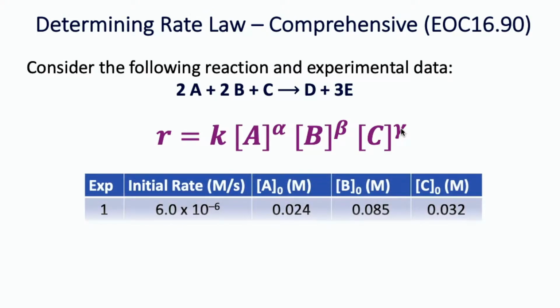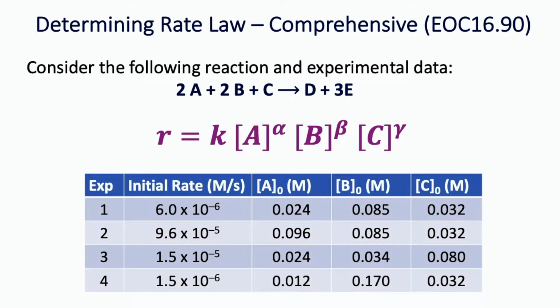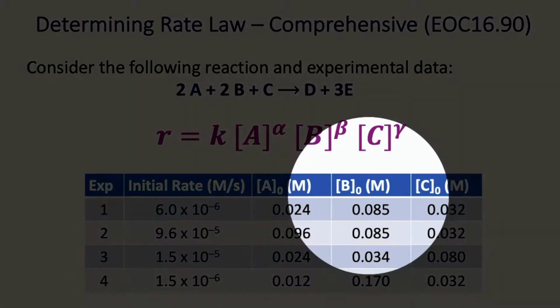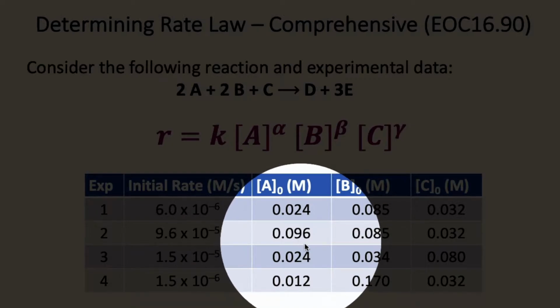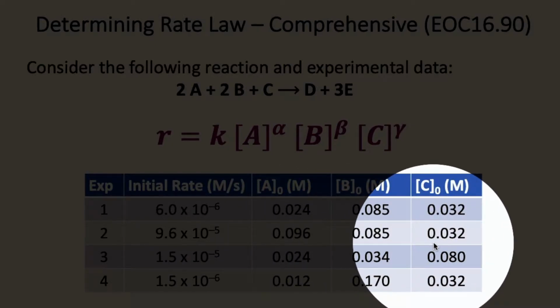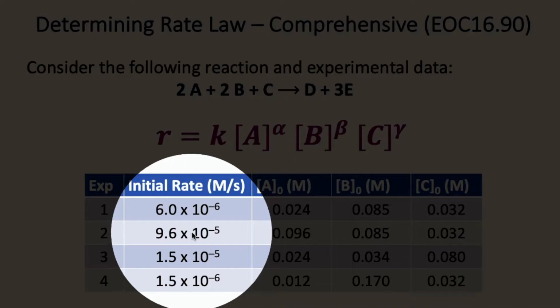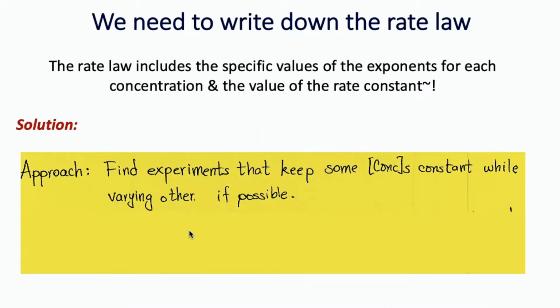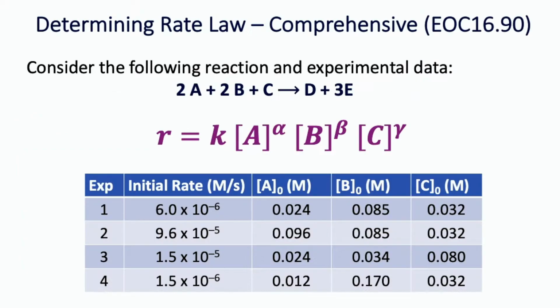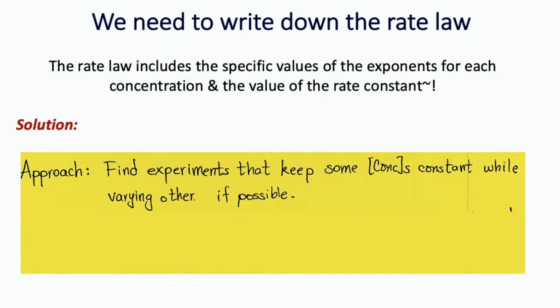Now, the method of initial rates consists of developing a series of experiments in which I change the initial concentrations, in this case for my reactants A, B, and C, and I measure how the initial rate changes accordingly. Now, the approach to solve this problem is to look at the data that we have and try to find experiments in which I keep the concentration of some of them constant while changing only one of them.